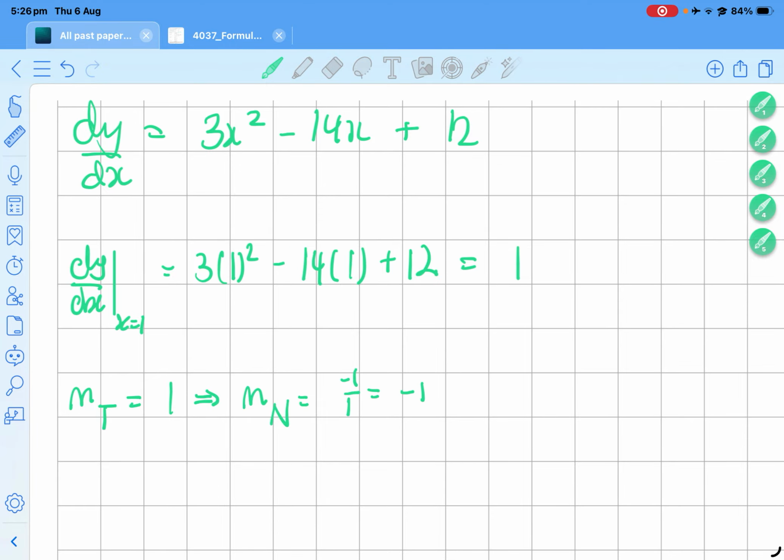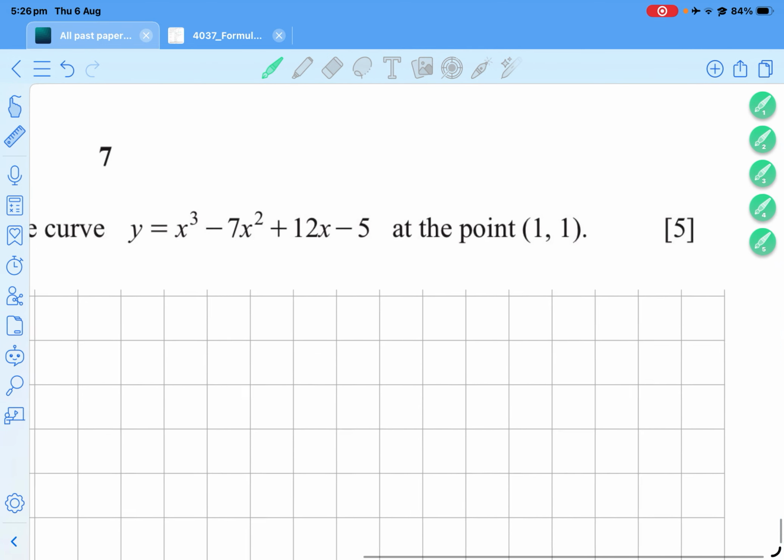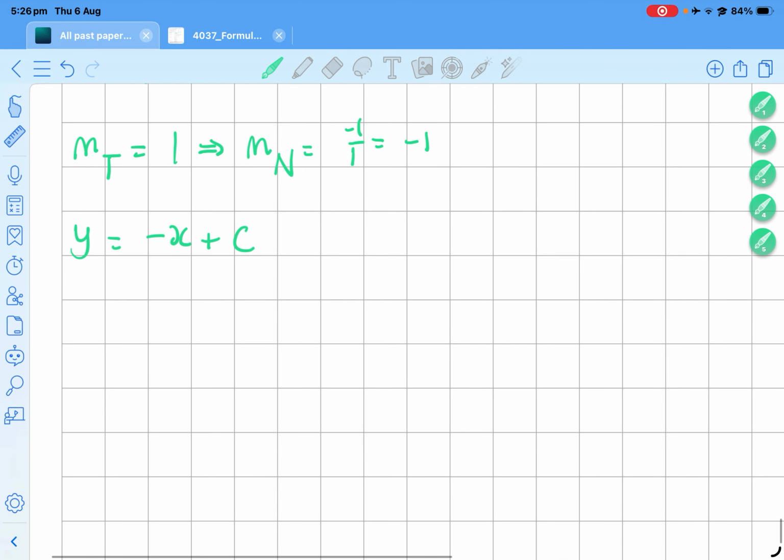This is -1. It's x plus c. y equals -x plus 2.